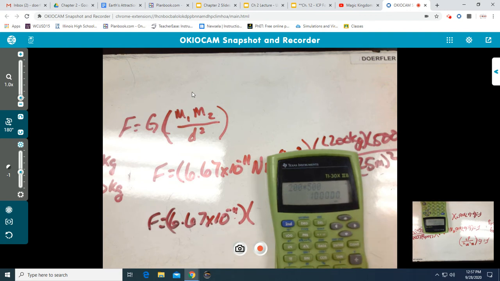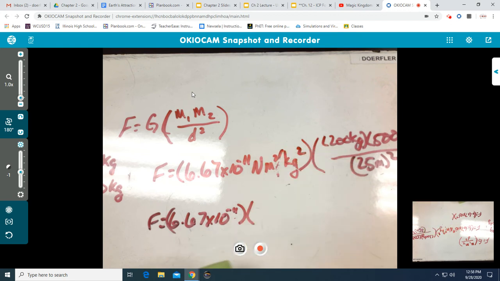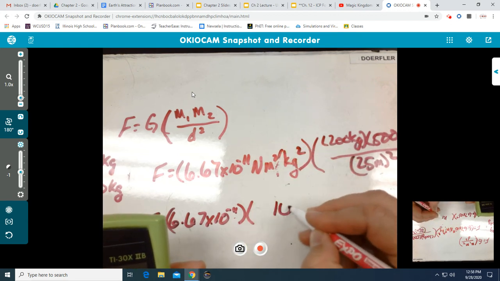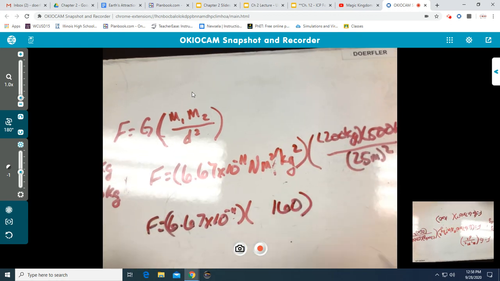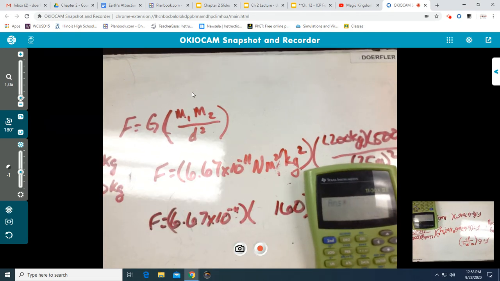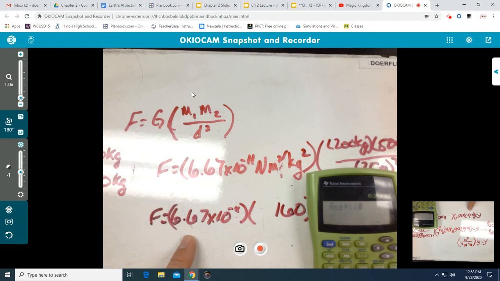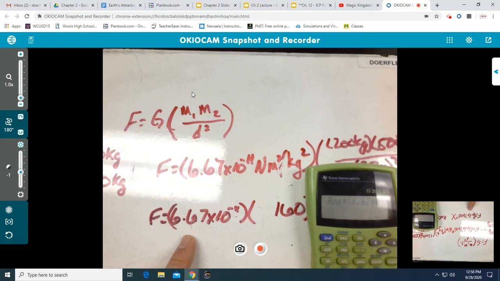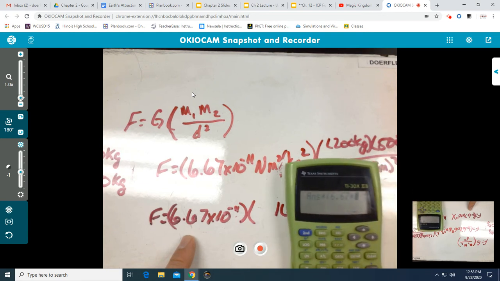I'm going to take that 100,000, hit the divide button, include parentheses, hit my square, and I'm going to get 160. Now I'm going to take that 160 and multiply it by our G number, 6.67 times 10 to the, and make sure you hit your caret button, negative 11th.